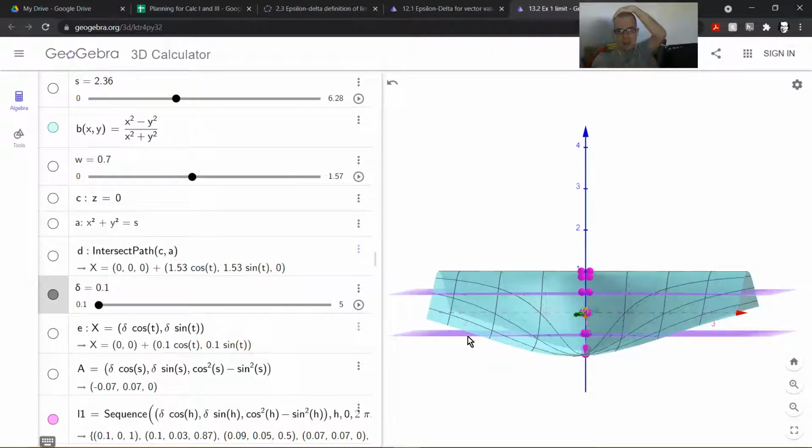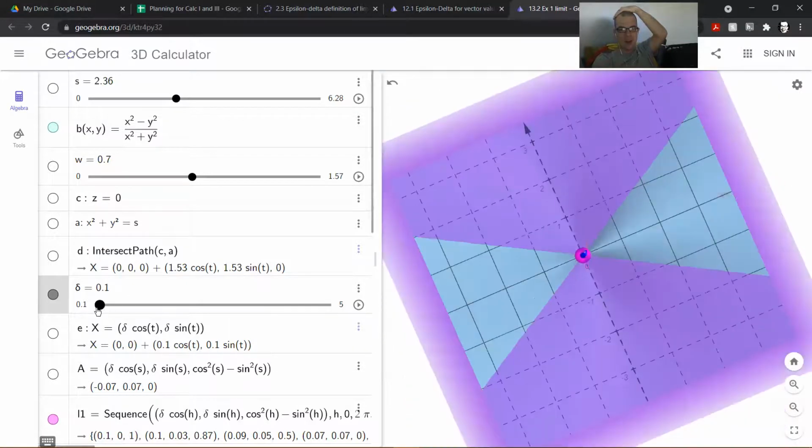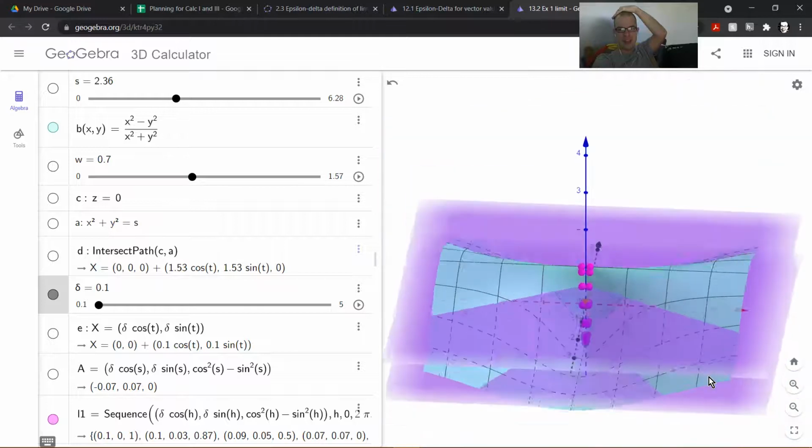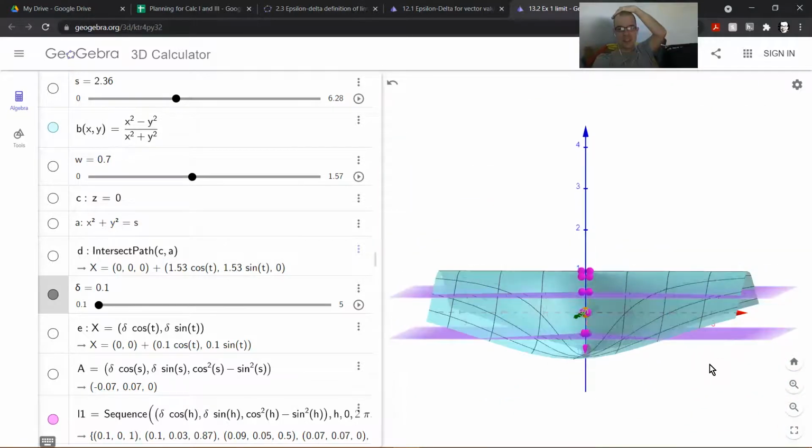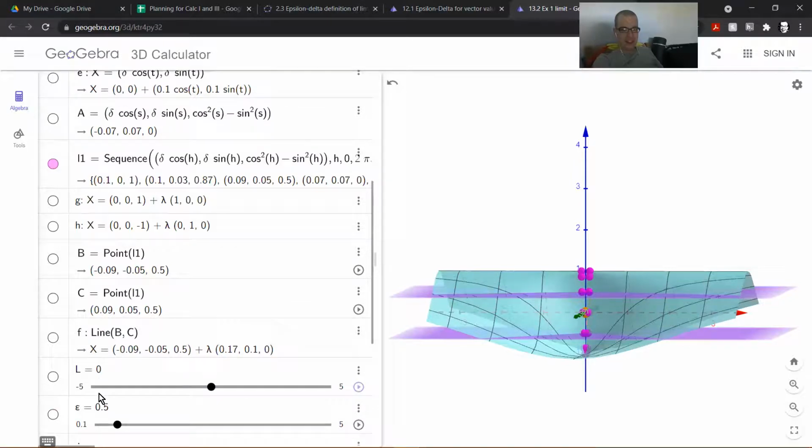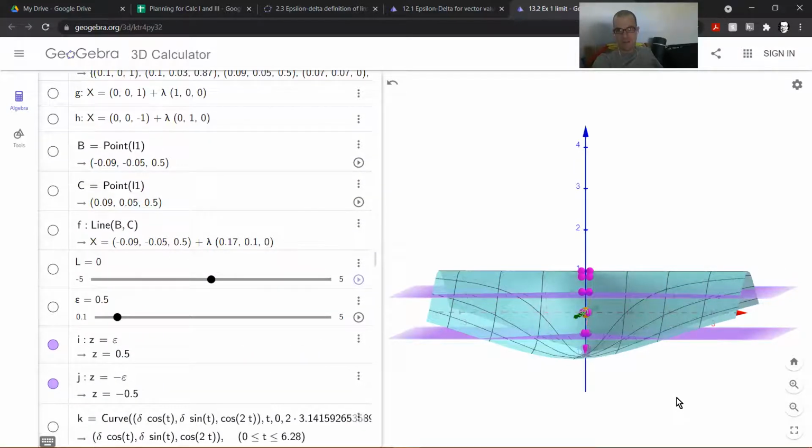But this is an instance where the limit doesn't exist, because no matter how small we make our circle in the xy plane, we can make it all the way down to 1/10. Those small circles worth of points in the domain are always going to correspond to function values that are outside of the epsilon bounds that we wanted to have.